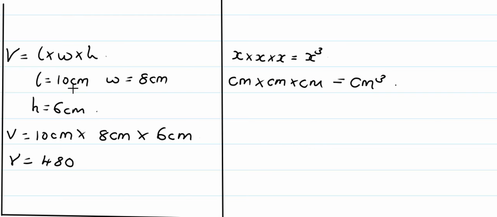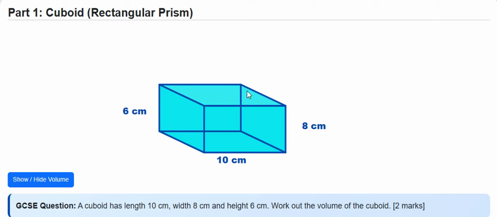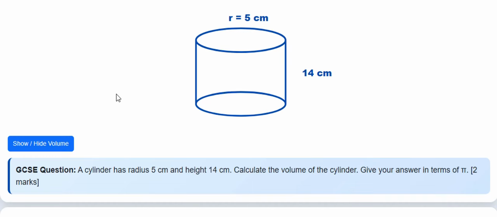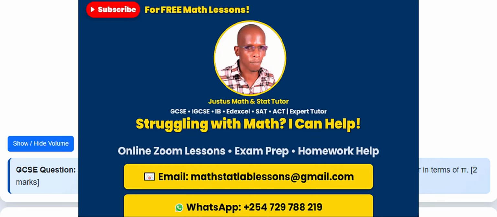So this centimeter multiplied by this, it will be centimeter cubed. That becomes the solution for this question here. That is the volume, 480 centimeter cubed.